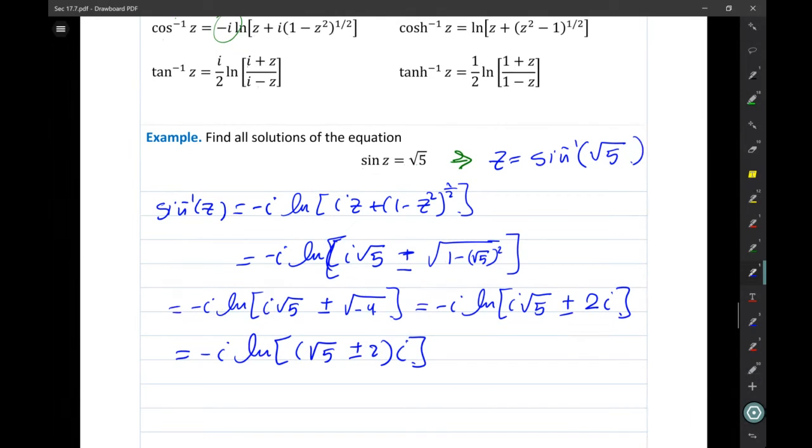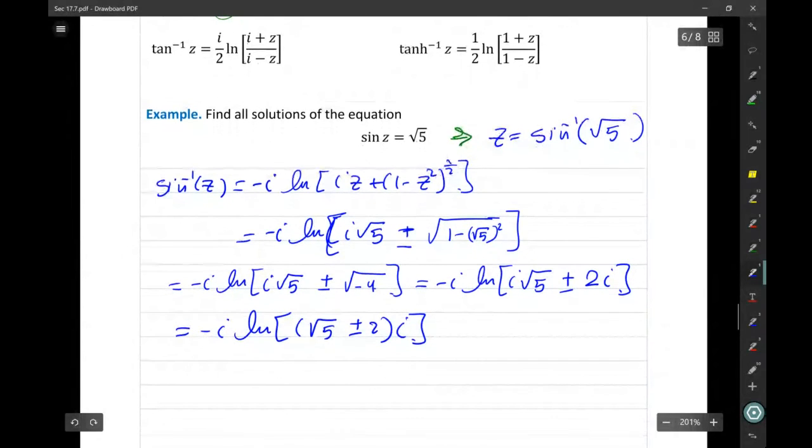الآن square root of 5 plus 2 positive, square root of 5 minus 2 also positive value. Now I need to use the definition of ln, which we had today.